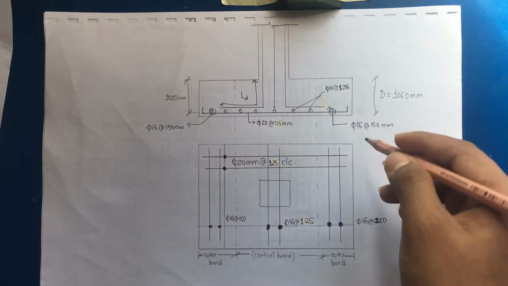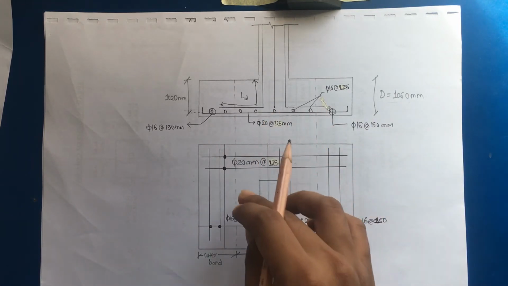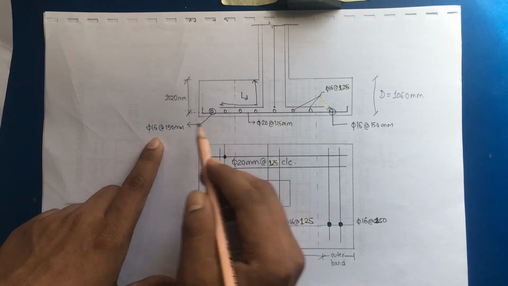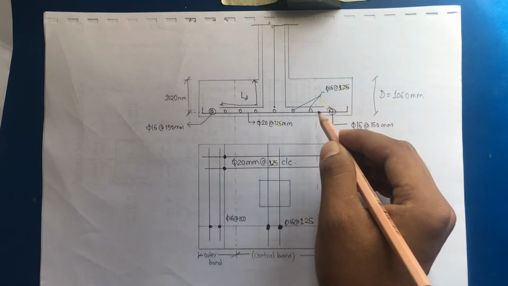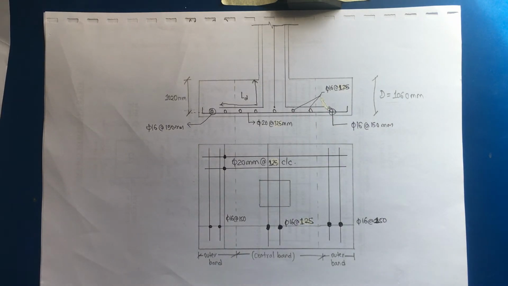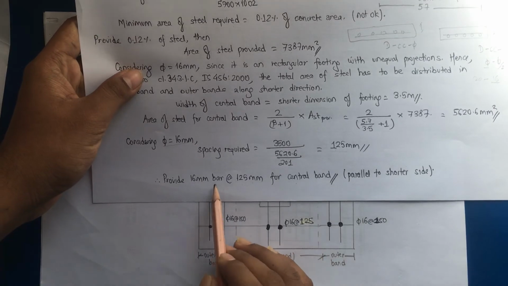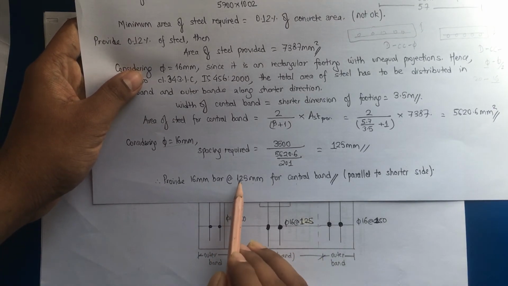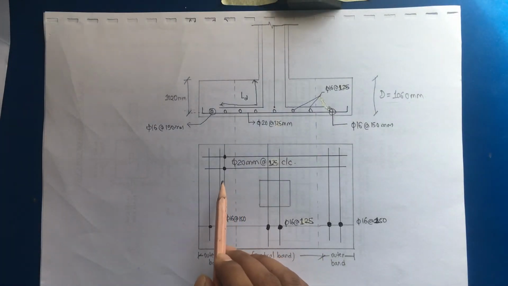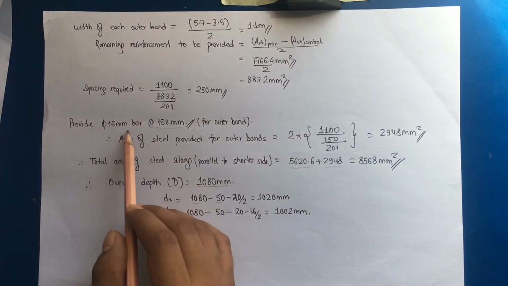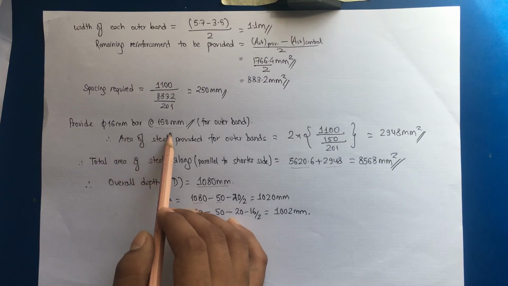Similarly, along the shorter end, that is, parallel to the shorter end, we have provided 16 at 125. For the central band we have calculated a 16 mm bar at 125 mm center to center spacing, and for the outer band we have calculated a 16 mm bar at 150.